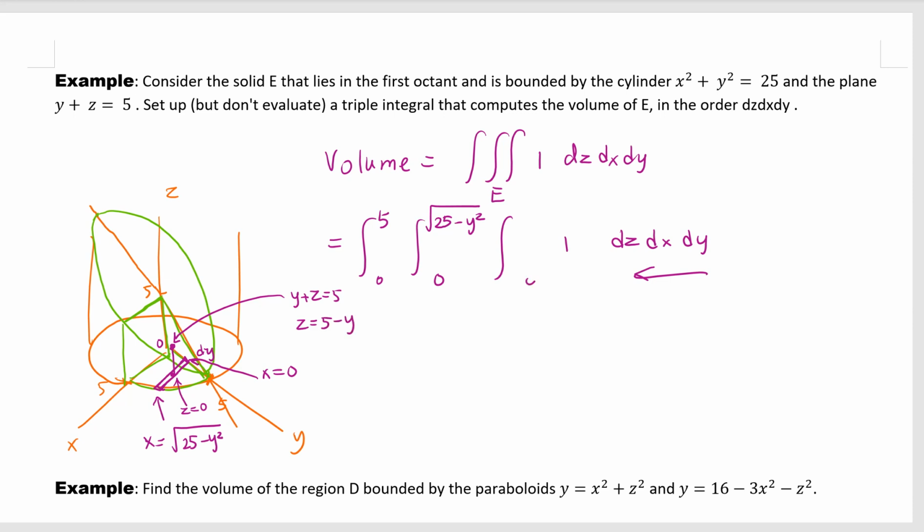So z goes from 0 to 5 minus y. So this is how we set up the triple integral. Is that okay, everybody? Do you have the same answer? Okay, good. Let's continue.